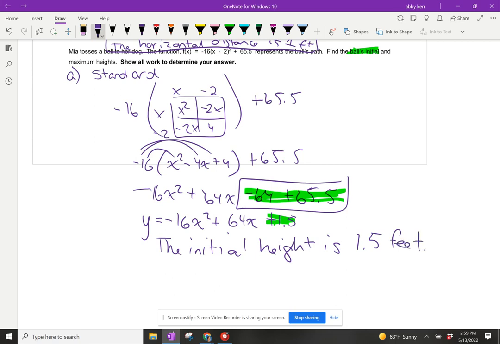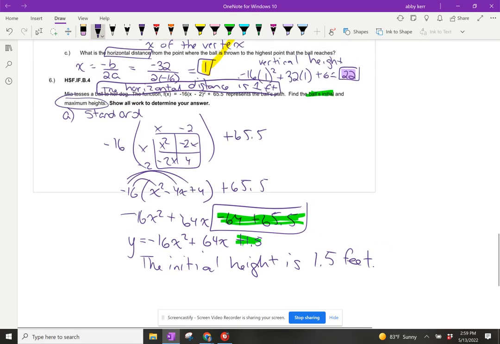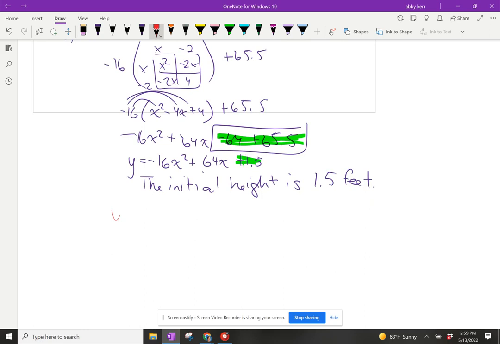And then it says find the maximum height. You can do all the work I did for this part for number 5, or you can just look at the vertex form. The vertex form is negative 16 parentheses x minus 2 squared plus 65.5.